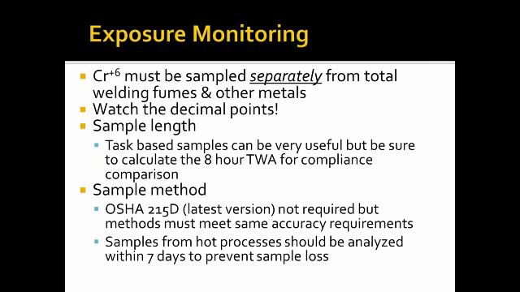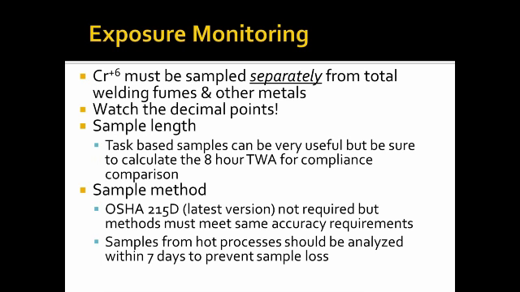Just a couple more things about monitoring. Hex chrome has to be sampled separately from other welding fumes or pouring fumes and other metals. It's very important to watch the decimal points. I've been using 5 micrograms. Lots of laboratories report out their data in milligrams per cubic meter.